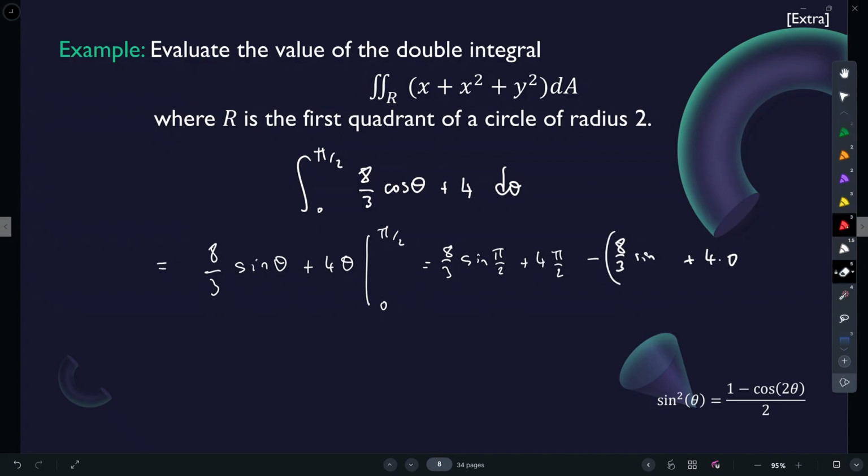What is the sine of pi over 2? 1. So this is 8/3 plus 2 pi. What is the sine of 0? That is 0, so this whole other expression is 0, so I get 8/3 plus 2 pi.